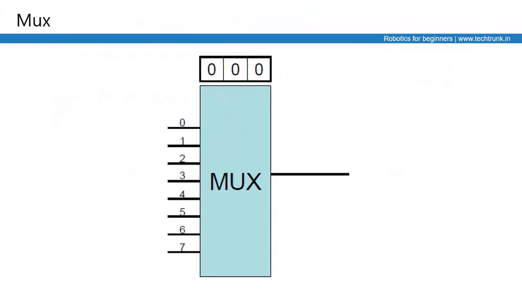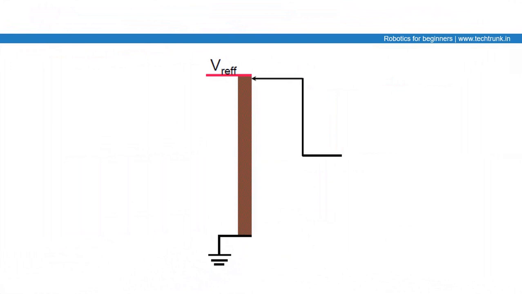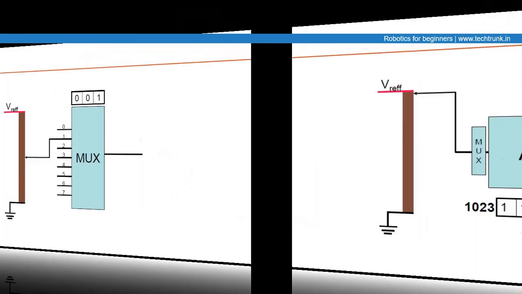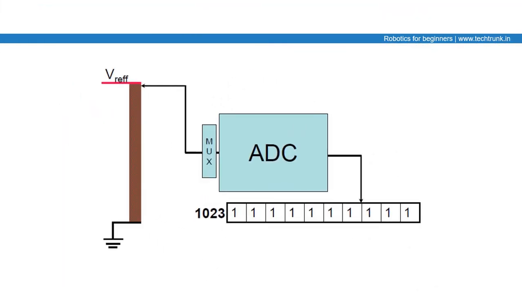By using a multiplexer on a particular pin, which has a lot of channels like 0 to 7, we can multiplex the value from 0 to 5 volt, and that value can then be fed to an ADC. By varying the multiplexer channel, the ADC can convert the multiple varying values to a value between 0 to 1023.